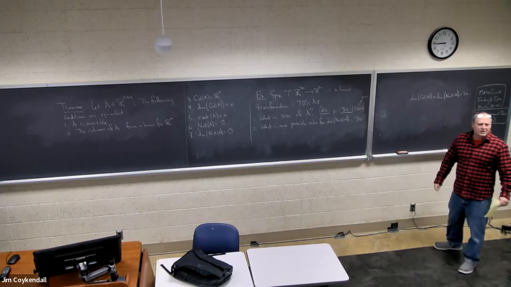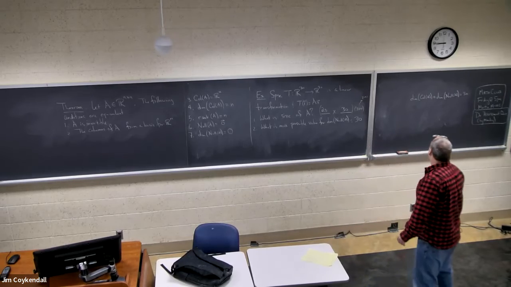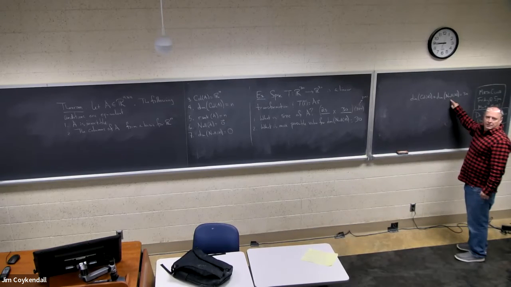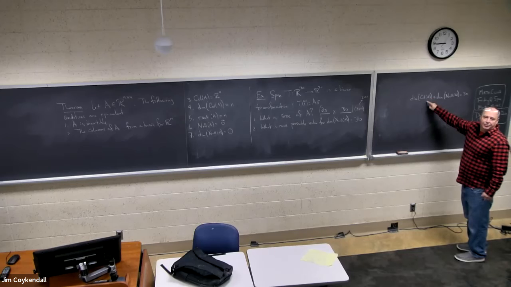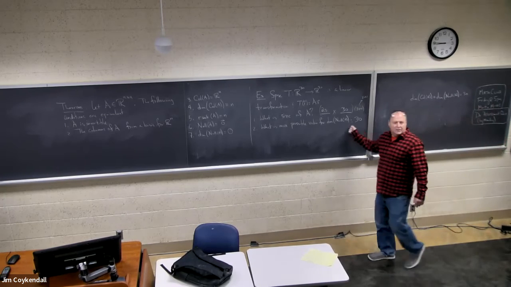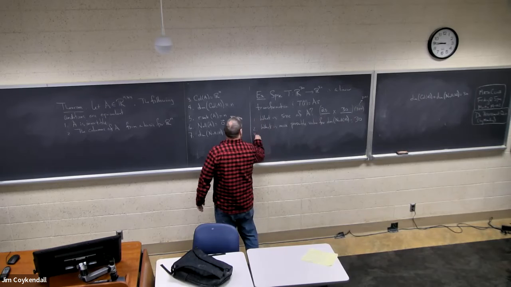Everybody agree with that? That's our rank-nullity theorem. How do I make the null space as big as possible? By making the column space as small as possible. And I can certainly make it zero, because I can fill all the columns with zeros. Everybody agree with that?